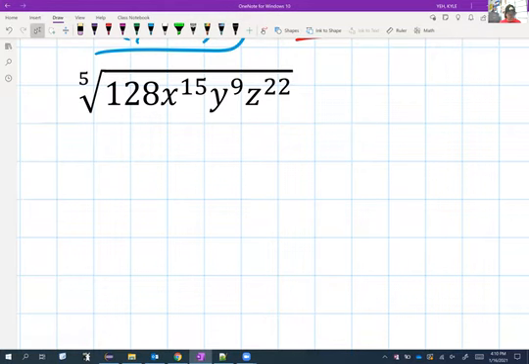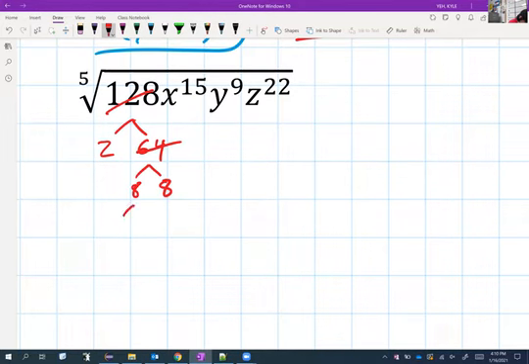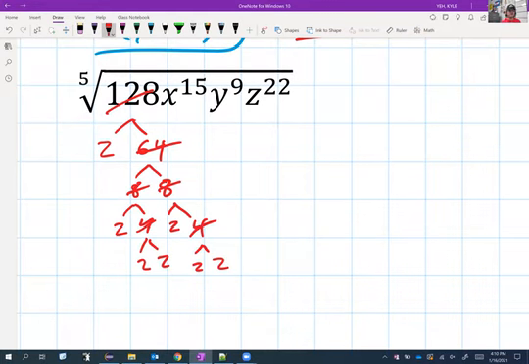All right, so by now I'm hoping you've had the chance to try this out. 5th root, I'm looking for groups of 5. 128, I don't know too much about. I'm gonna keep this red just to stay consistent. But I know it's 2 times 64. 64 is 8 times 8. 2 times 4, 2 times 4, 2 times 2, 2 times 2. 128 is just a bunch of 2s.